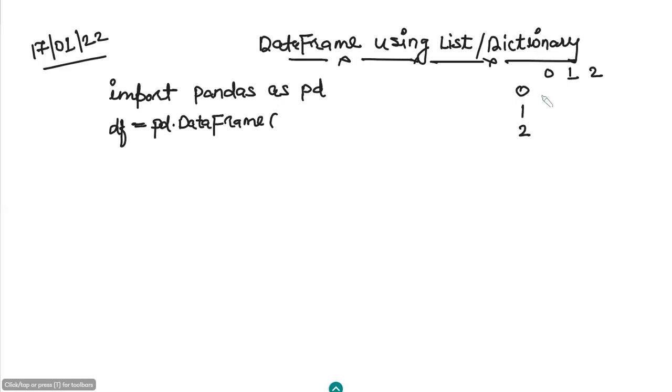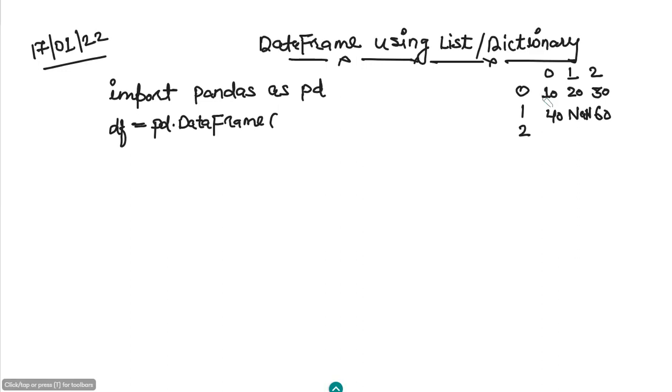So now the elements are 10, 20, 30, and in the second row we are having only two elements, that is 40 and 60, and this is a null value, which we will represent through NaN. That means null value.